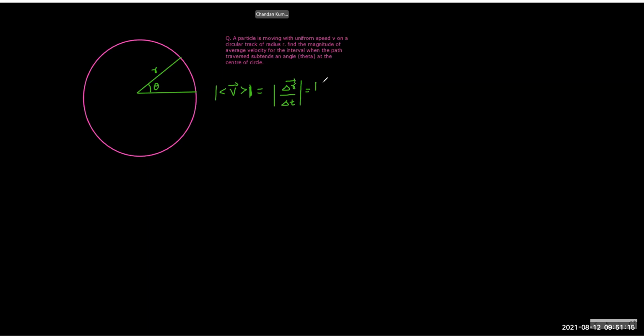This is the same as mod of delta r, because time is scalar. This will be 2r sine theta by 2, which we have done already, over r theta by v. How? For uniform speed, we have just learned s equals v t. s is r theta, v is given, and you can get the time.